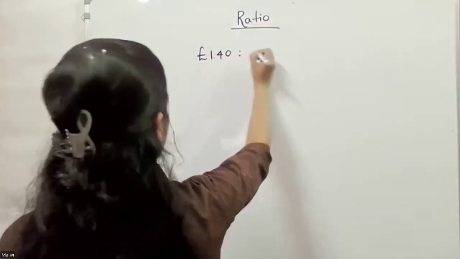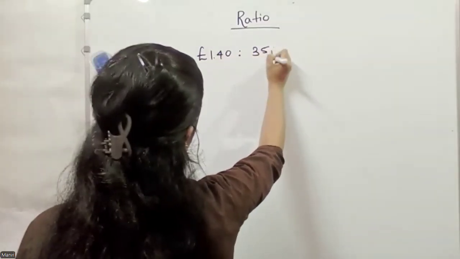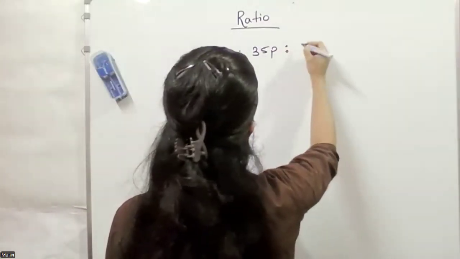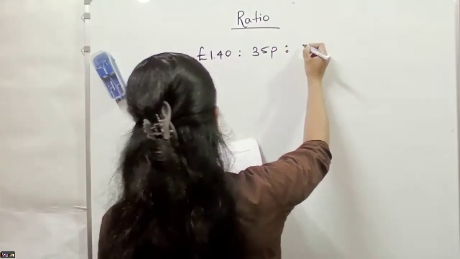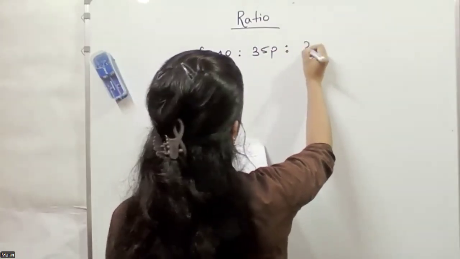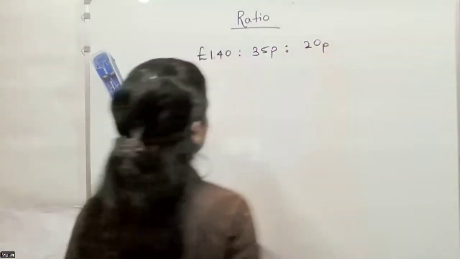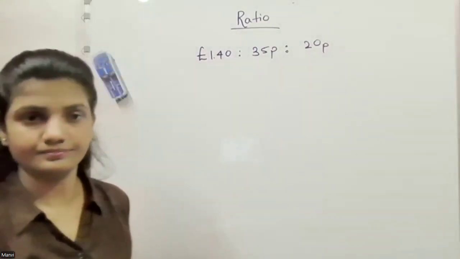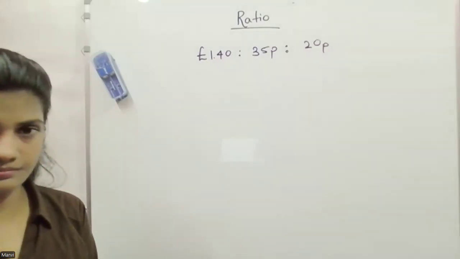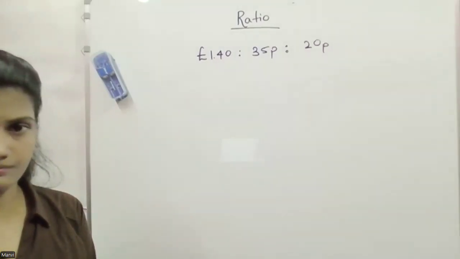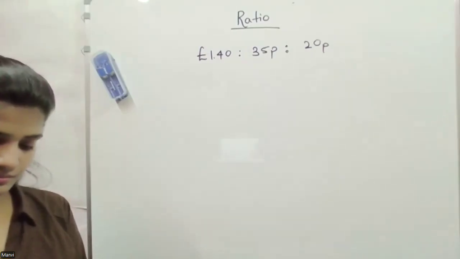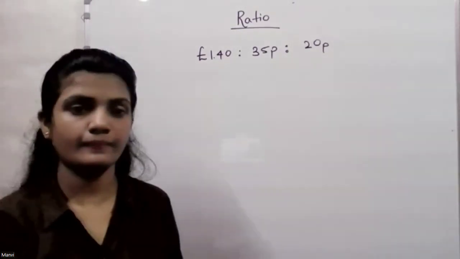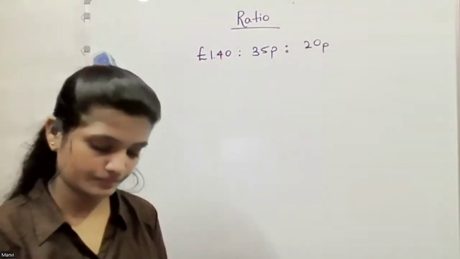Oh, so just a different one. Yeah, different one. Okay. 140, 35, 7, 140.